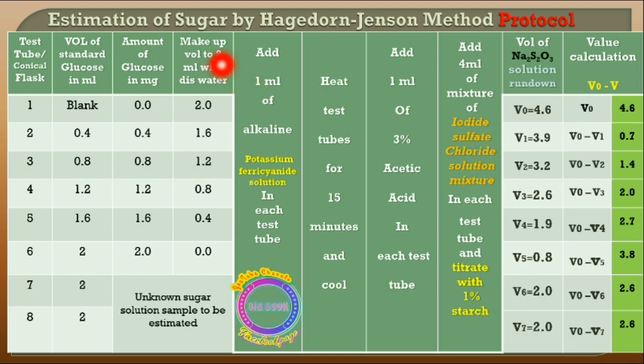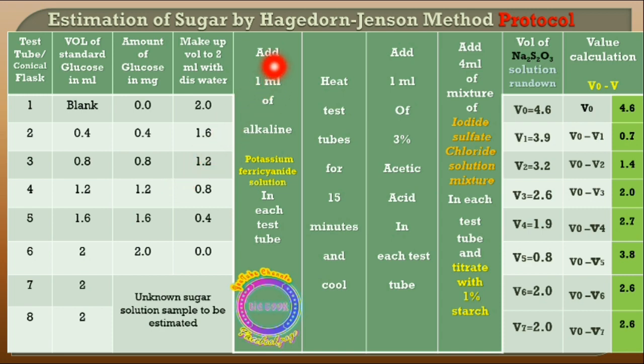Further is the making up of the volume to 2 ml with distilled water. For the blank we have added 2 ml, then 1.6, 1.2, 0.8 and 0.4 ml distilled water, and further it will be 0. For the unknowns we are not going to add any distilled water.